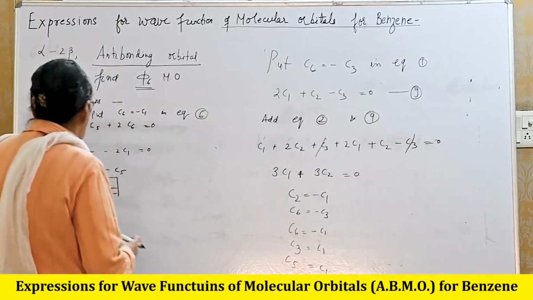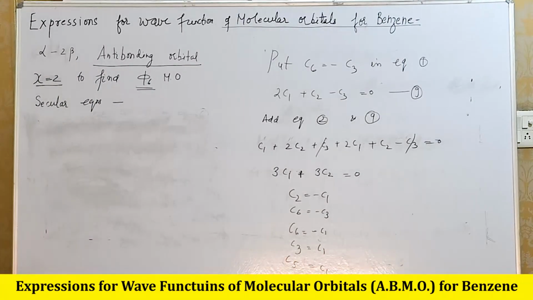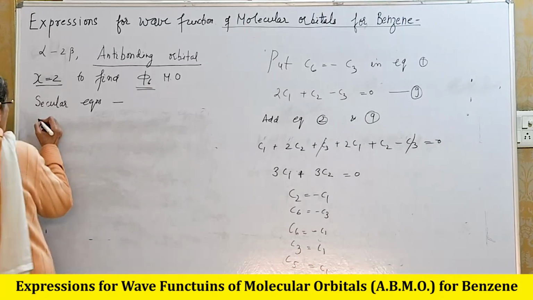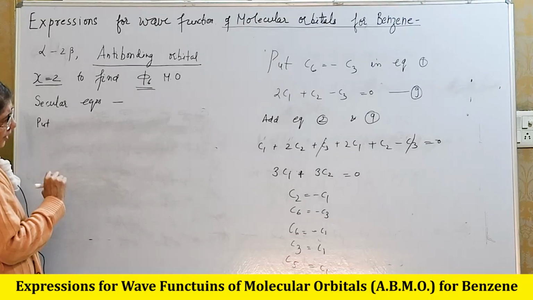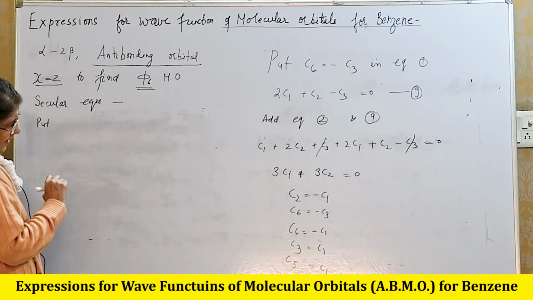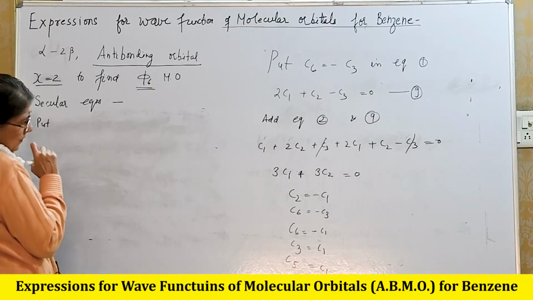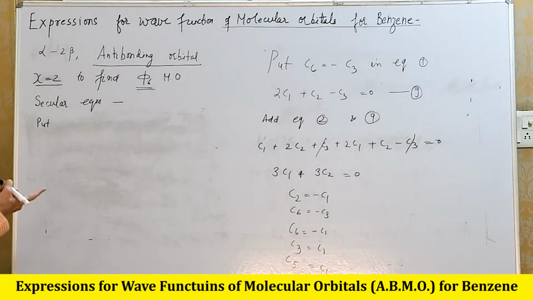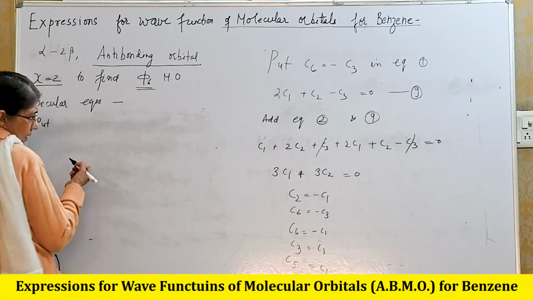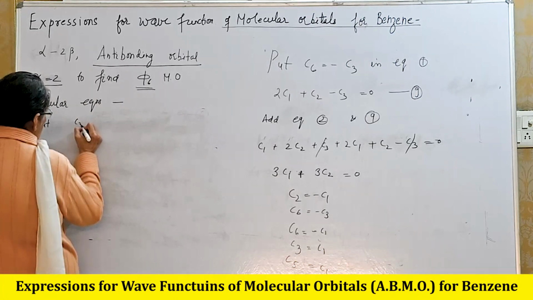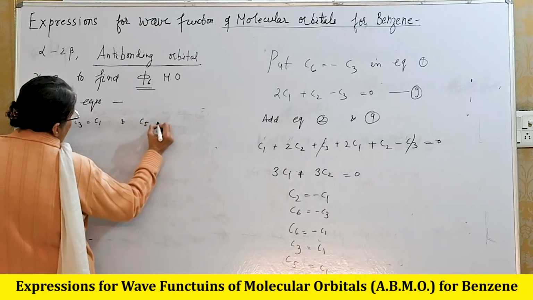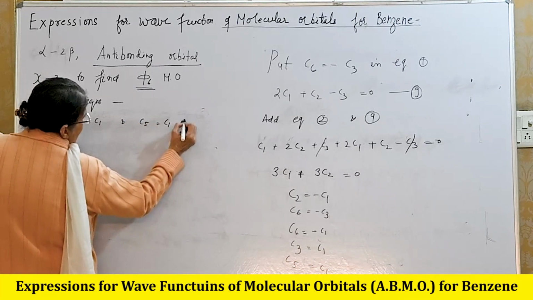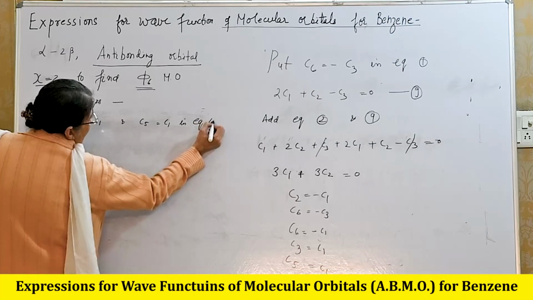Now we take for C4. C5 is equal to C1. Now put C3 is equal to C1 and C5 is equal to C1 in equation 4.